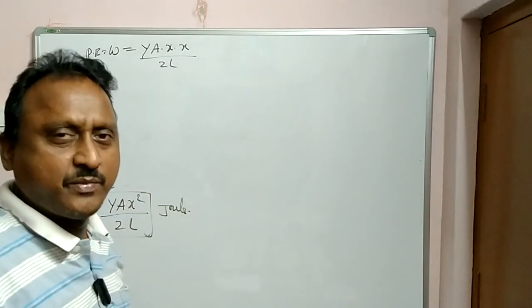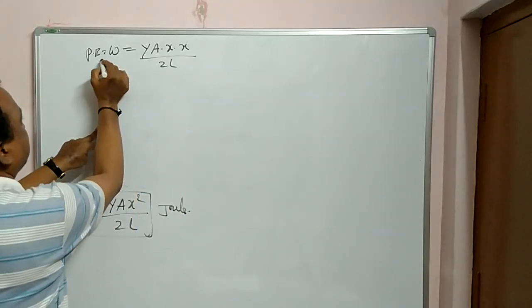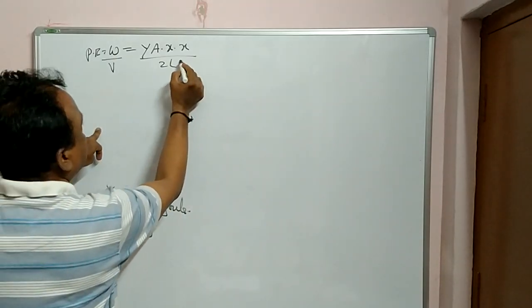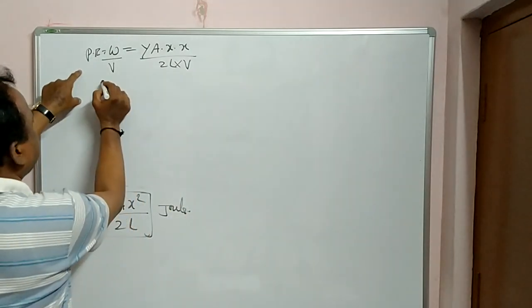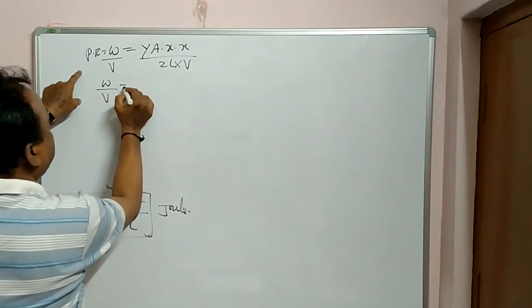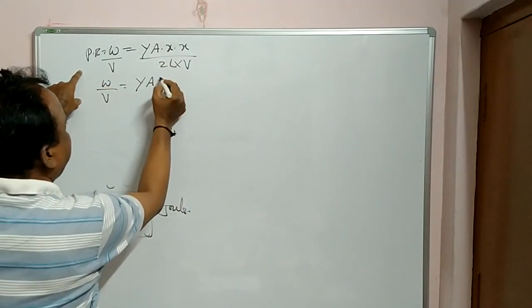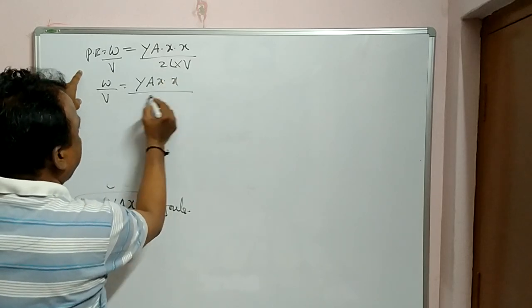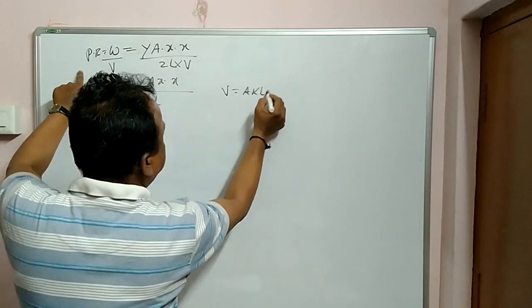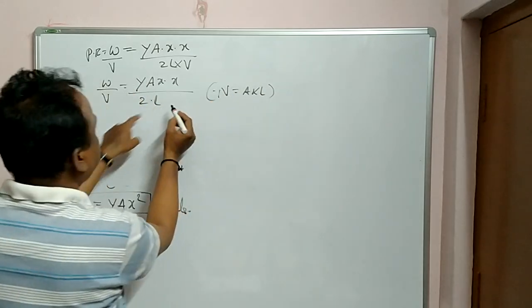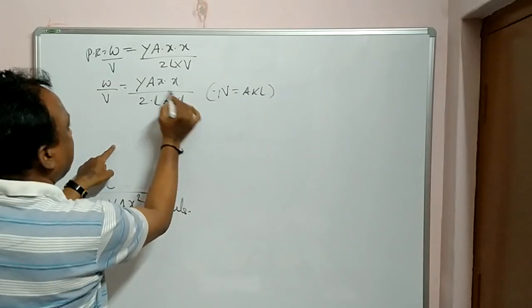Now in the examination you may be asked work done per unit volume. Divide by volume on both sides. Work done per unit volume. So W by V is Y, A, x into x by 2 into, what is volume? Volume is area into length. Put it here in the place of volume.